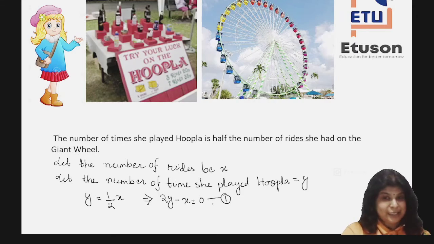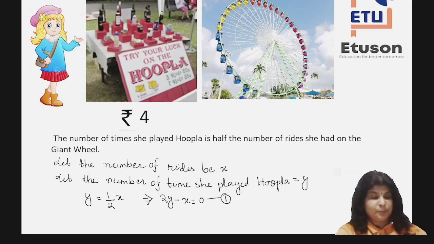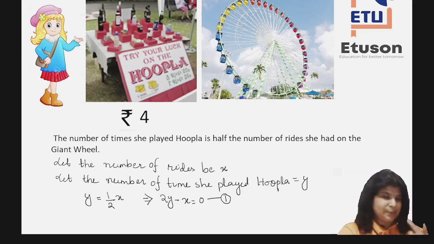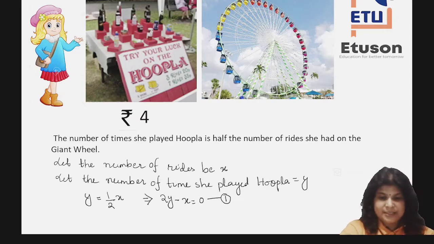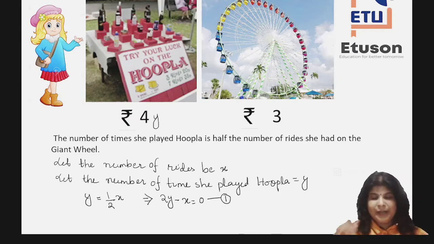Now I was telling about the money constraint. To play the hoopla game, she has to pay rupees 4 each time she plays. As we have taken y as the number of times she plays hoopla, how much will she spend on the hoopla game? 4y. Now for one ride, she has to spend rupees 3. How many times is she going for the ride?